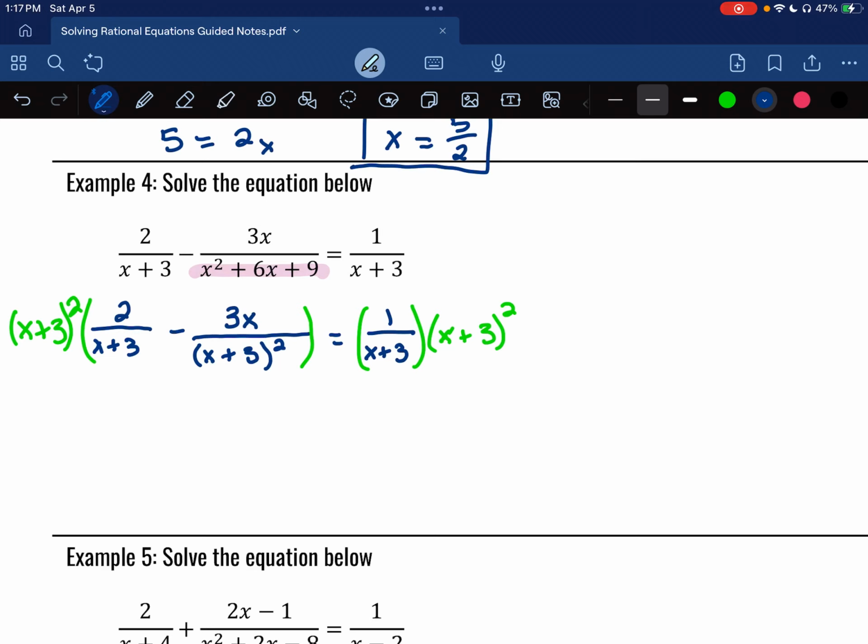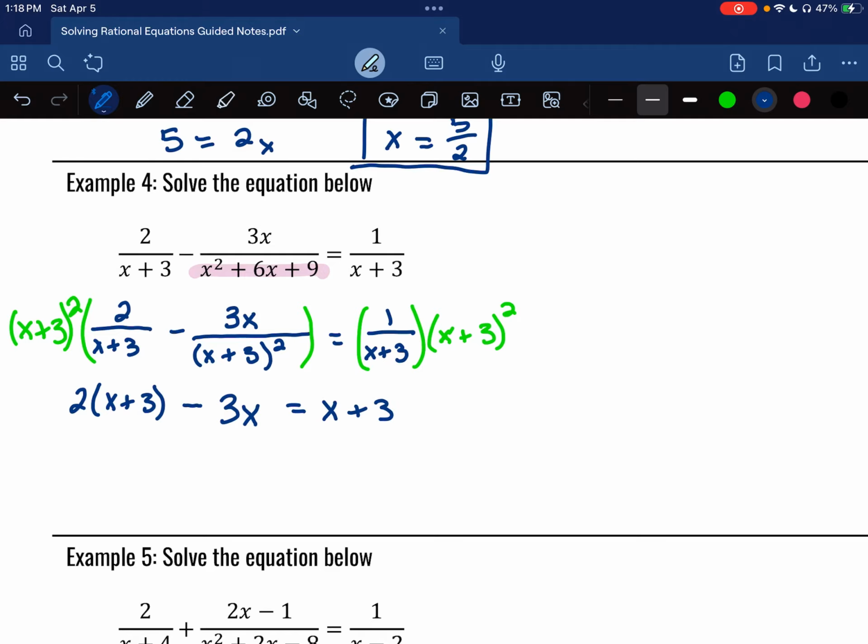But I'm going to still have a factor of x plus 3 that I'm multiplying by. Both of them will cancel with the denominator under 3x, though. So then I'll just have minus 3x. And that's going to be equal to, again, only one of those factors is going to cancel on the right-hand side. So I'll have 1 times x plus 3, which is just x plus 3.